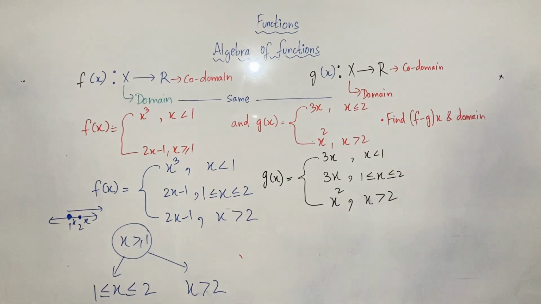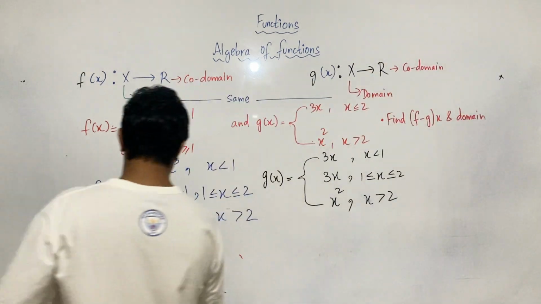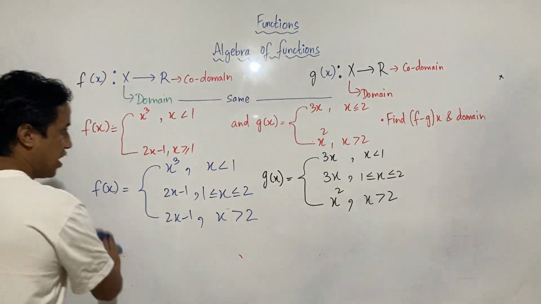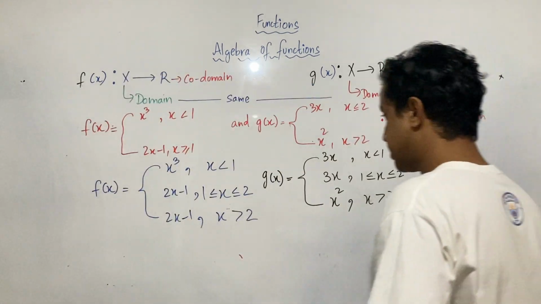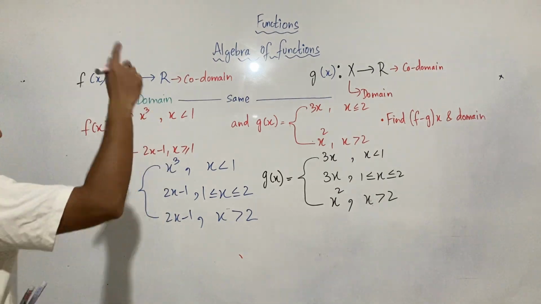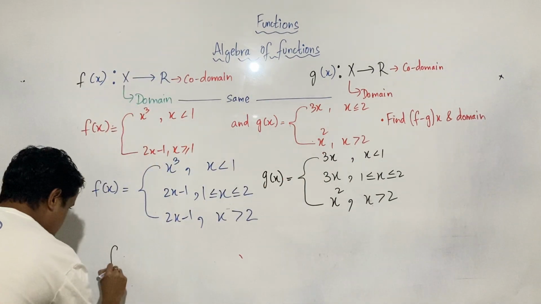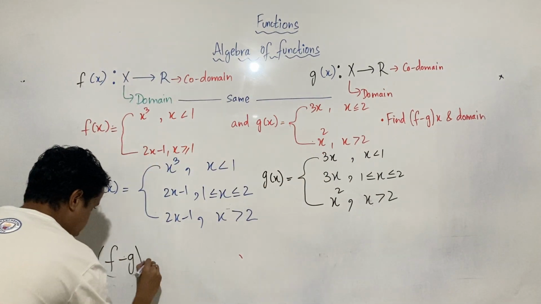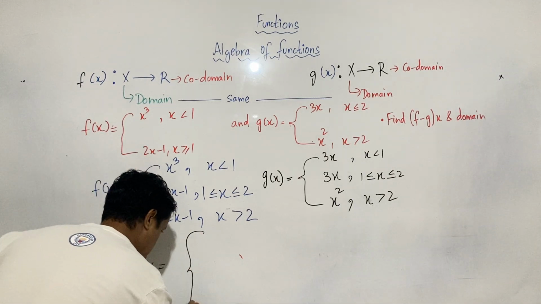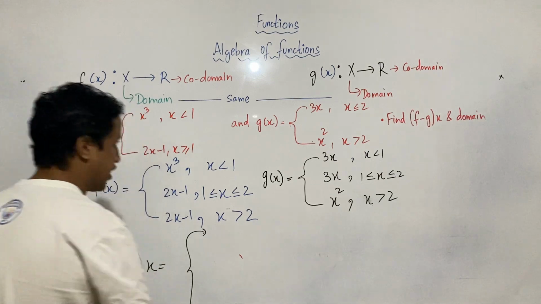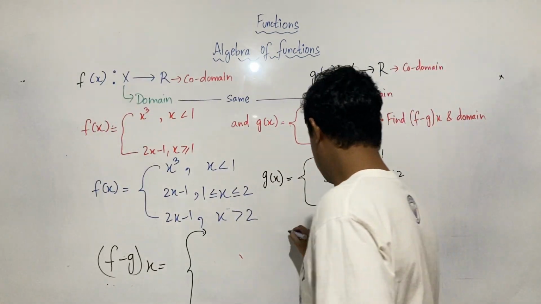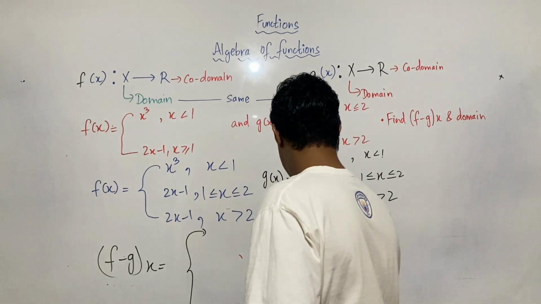So if you look at the domain here for the first piece of both the functions, now see here, what I have to find is f minus g, right? So (f minus g)(x). What is it going to be? First, let's do it for x less than 1.